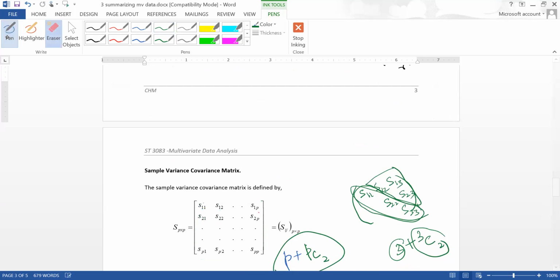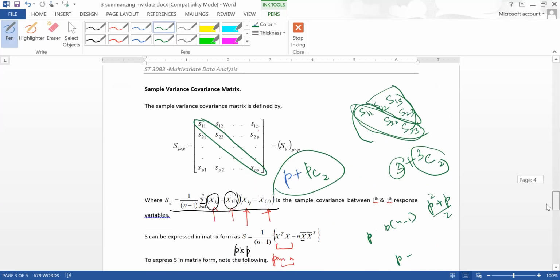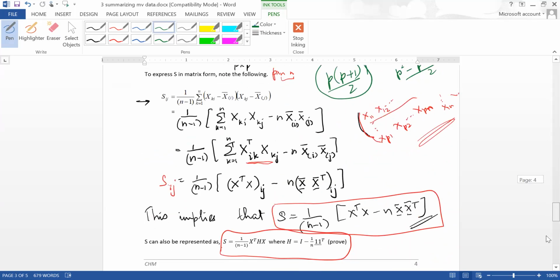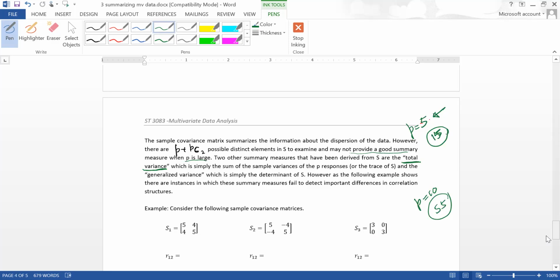The sum of the variances means the sum of the diagonal elements, which is simply the trace of S. So the total variance is the trace of the matrix S. And the other one we call the generalized variance. Generalized variance is the determinant of S.